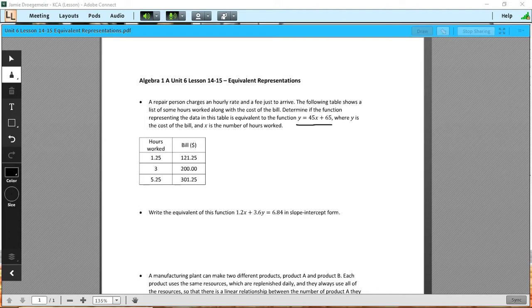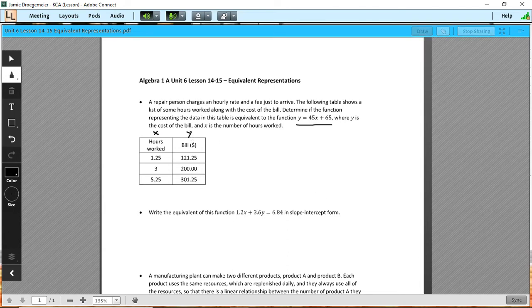If we look at the table, we're given some different hours worked and then bills that match up to that number of hours worked. What we want to do is see if this equation matches that. So if I plug in 1.25 for x, remember x is my hours worked and the dollar amount is the y.